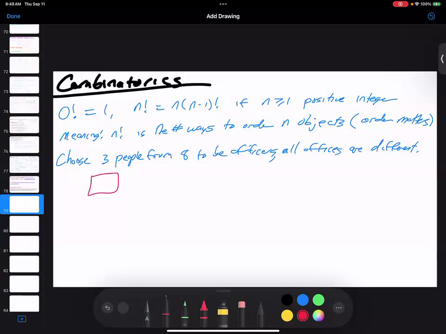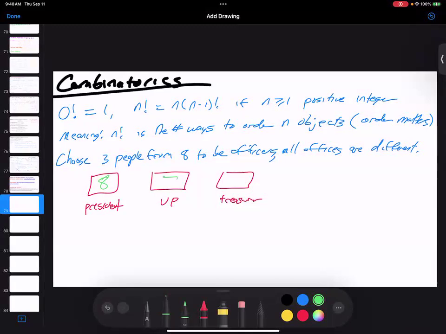Well, a lot of times people like to do it with boxes. How many options do we have for the first box if we're choosing someone from 8 people? So somebody want to speak up? So how many choices do we have for the first box? 8. And how many for the second? 7.